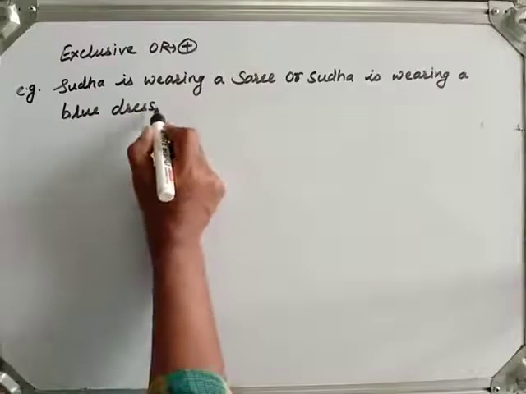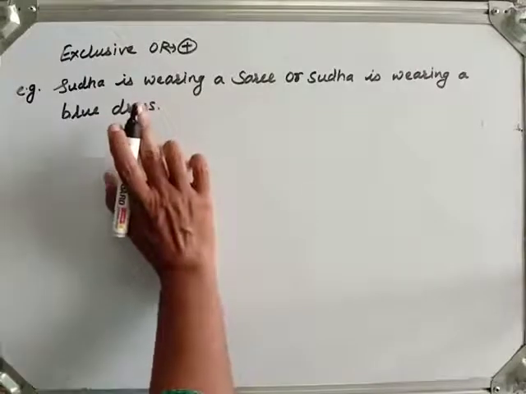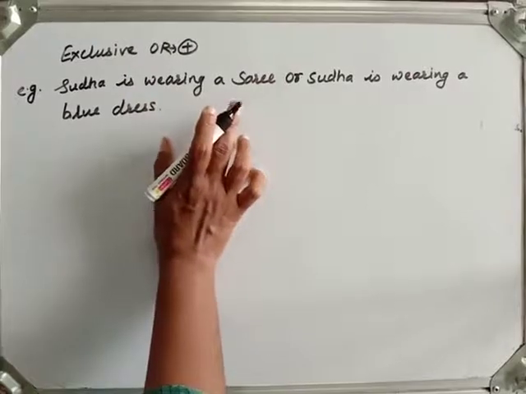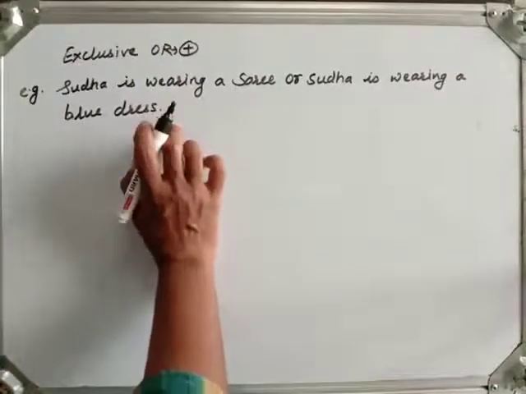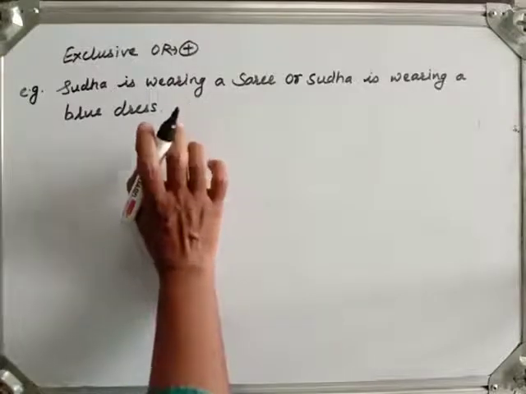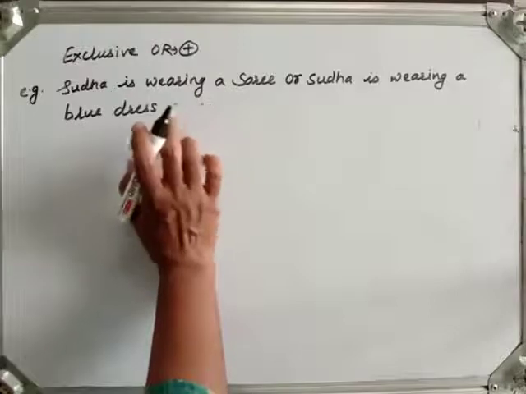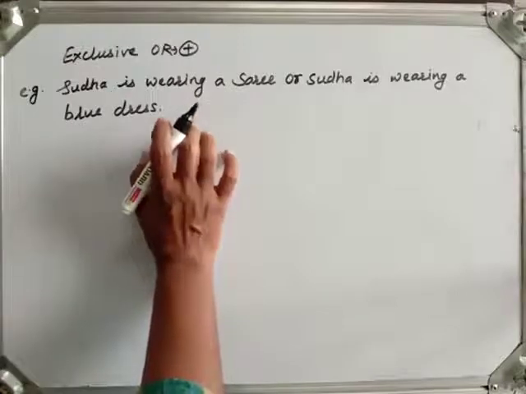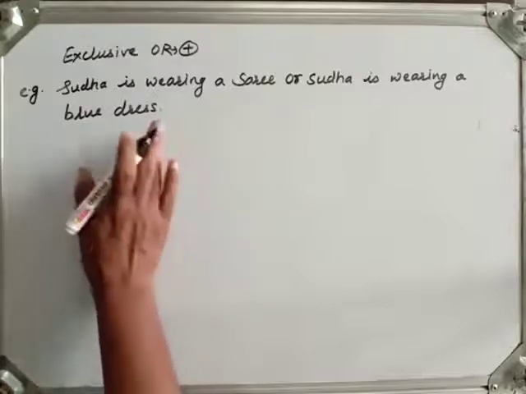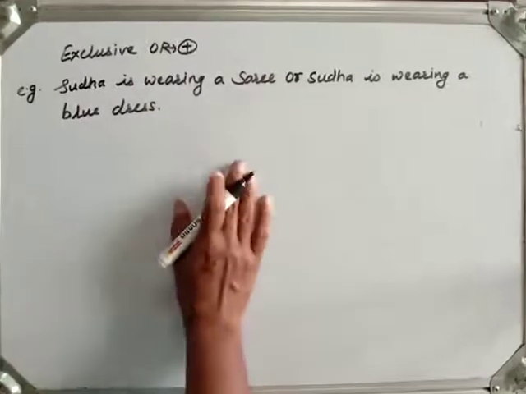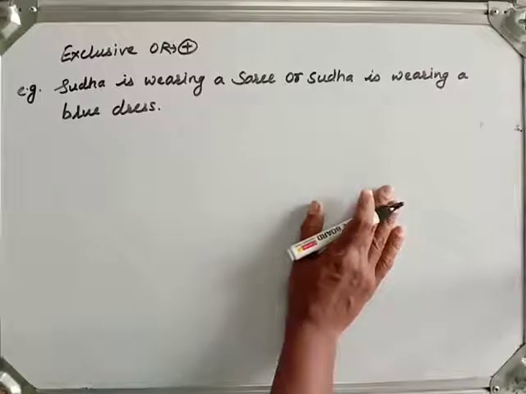Sudha can either wear a sari or a dress, but both cannot be true at the same time. So if either-or is there, then such a thing is exclusive OR. And if only OR is there, just as we had seen in the example, John is 6 feet tall, or there are 4 students in a class.